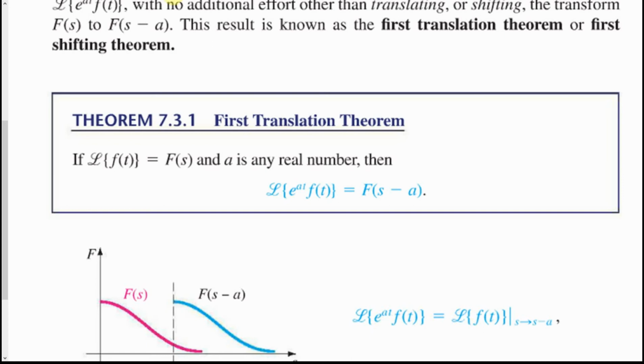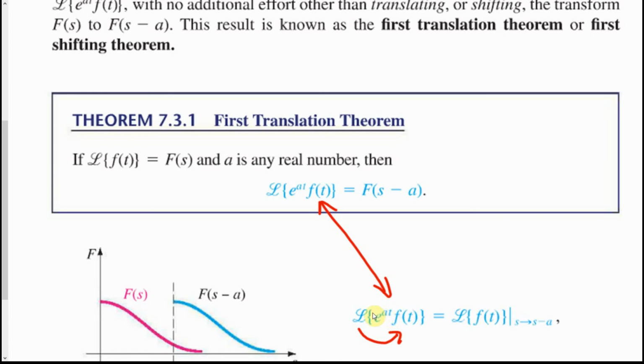Notice that this is the same. So you want to compute this Laplace transform. It becomes the Laplace transform of this f of t. The translation or the shifting is with respect to e to the at.